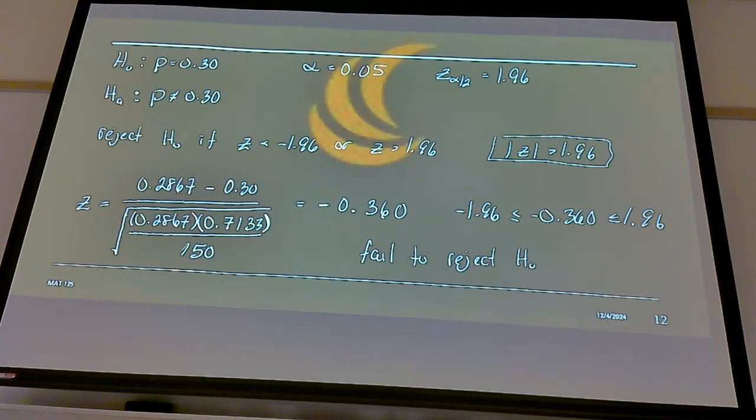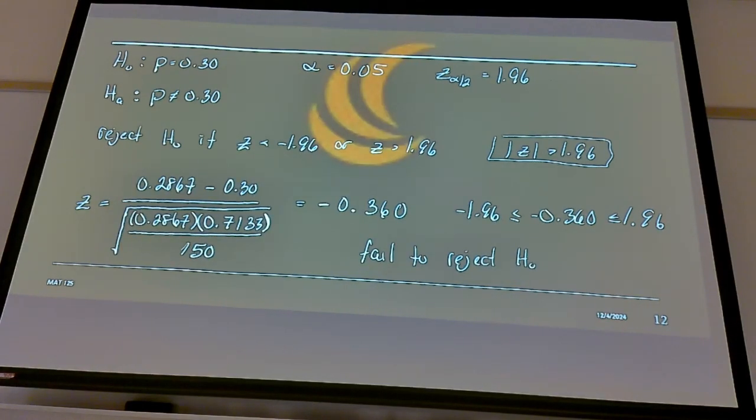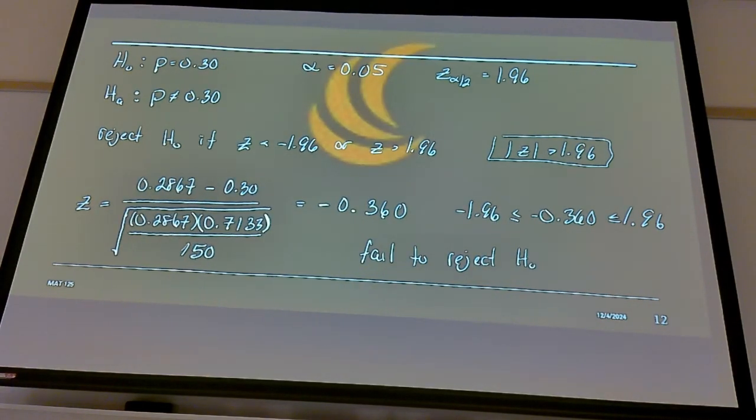So we failed to reject H naught. Before I write out the conclusion, let's also find the p-value. Look at negative 0.360 on the table. What is the corresponding area?